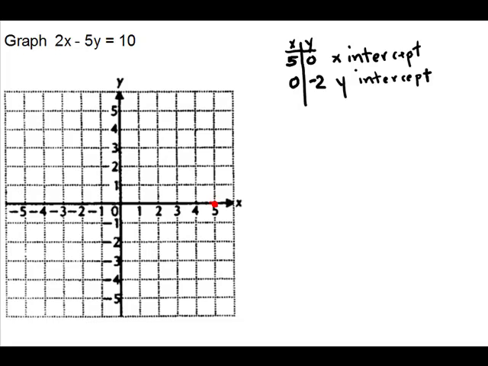X-intercept lands on the x-axis. Then we'll do the y-intercept. Start at 0, 0. It says don't go over, but go down 2. Make a point. Y-intercept lands on the y-axis. We'll connect the points to draw our graph.